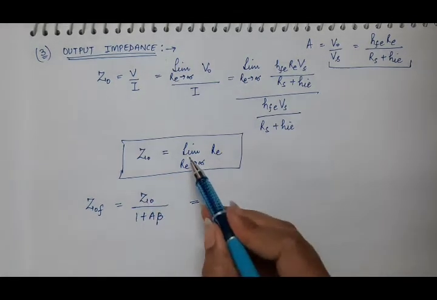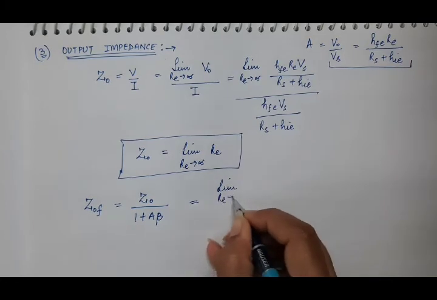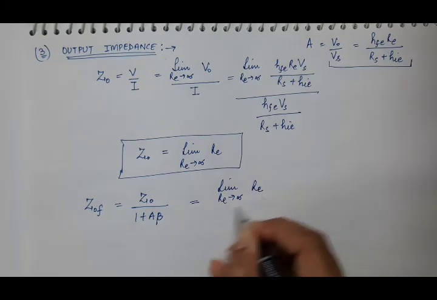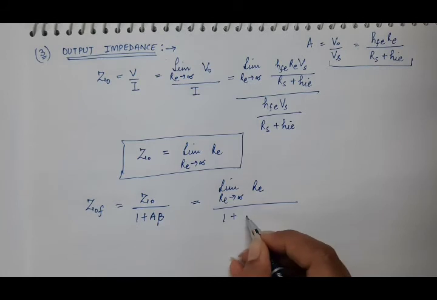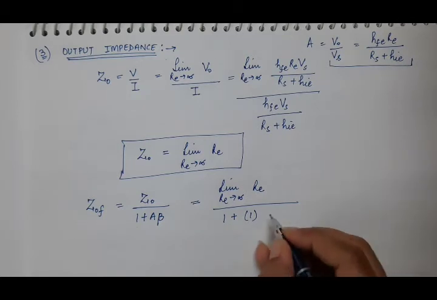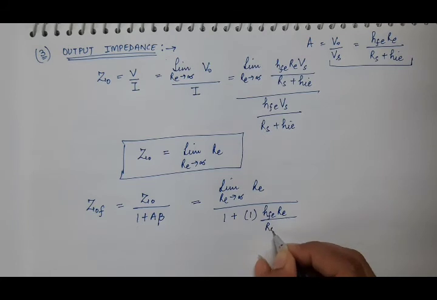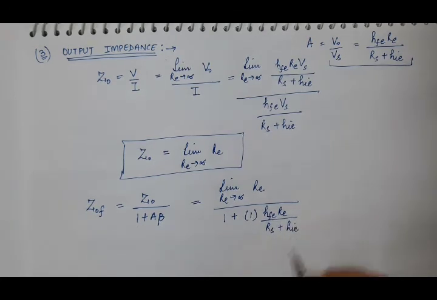So the value of Z0 is this. One plus beta is 1, and the value of A is HFE RE upon Rs plus HIE.